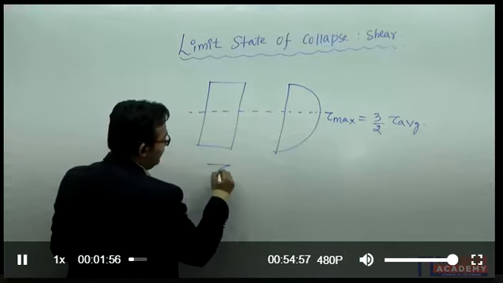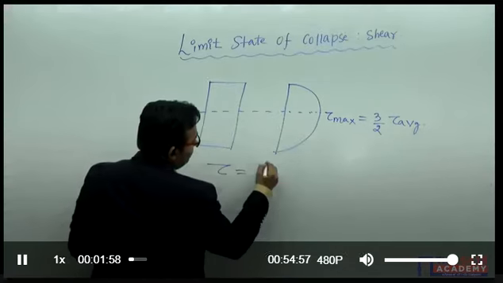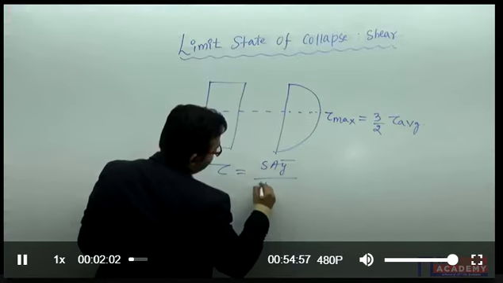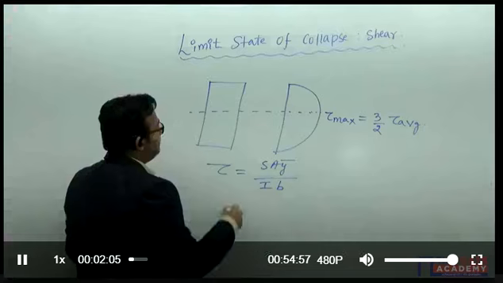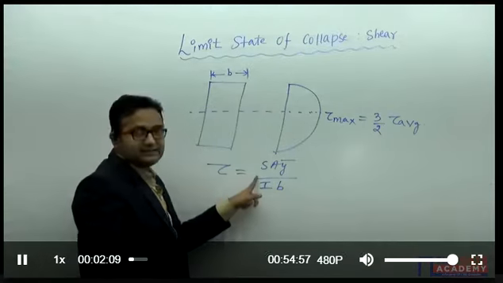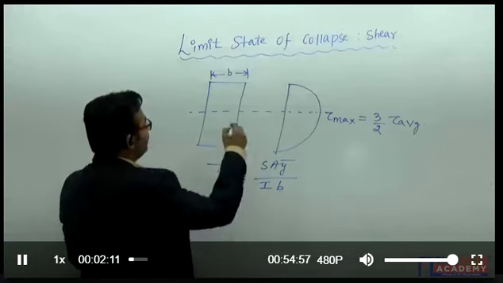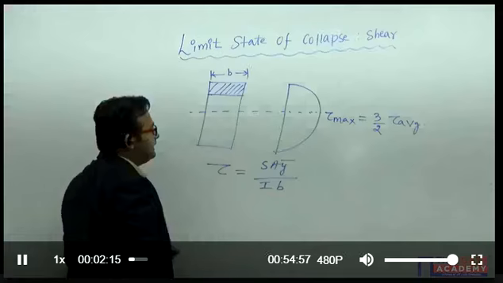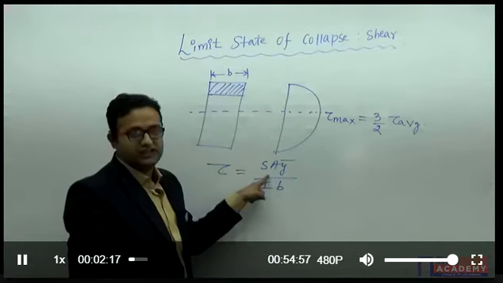So we can calculate the shear stress as tau equals S A Y bar divided by I B. B is the width of the beam, S is the shear force, and A is the cross-sectional area, or the area where we want to calculate the shear stresses.